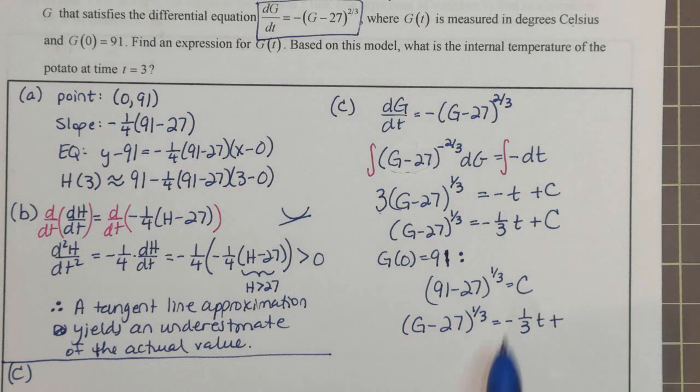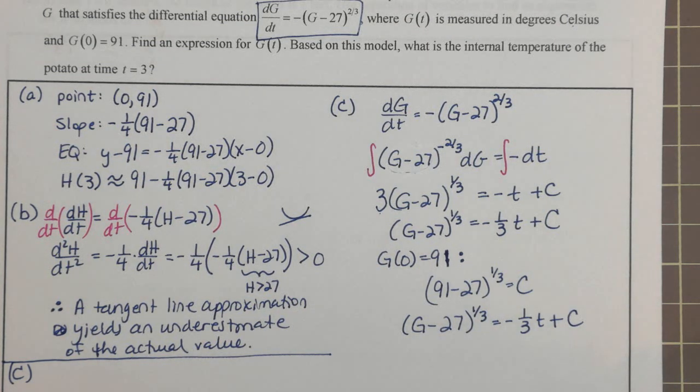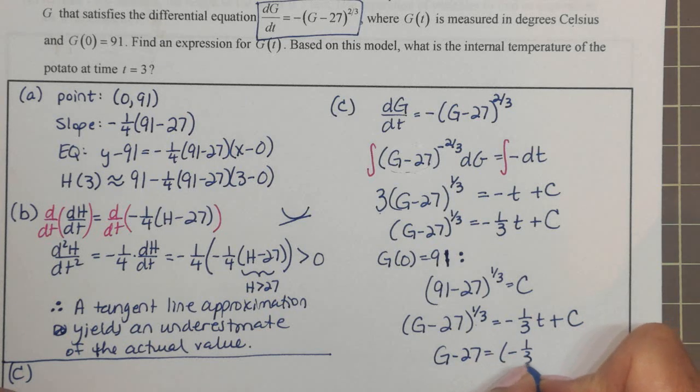Okay, since I've already said the value of c, I'm just going to leave this as a c since I've already given the value of c. I'm going to cube both sides and then add 27.